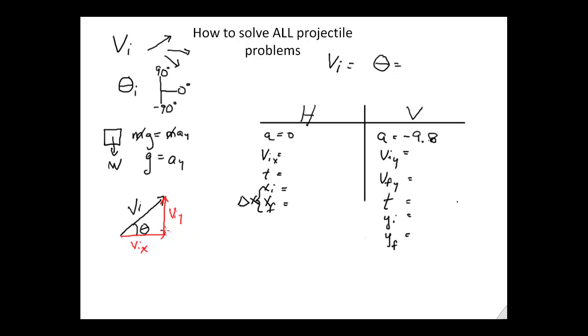Of course we recognize this right triangle. This is something we've been working with a lot, and so we know that Vix has to be equal to Vi times the cosine of theta, and Viy will always be Vi times the sine of theta. So now you have all the information we need to solve any projectile problem. Now I'll go through several examples and show you that you just set this template up and then fill in the numbers, and we will solve the problem from there.